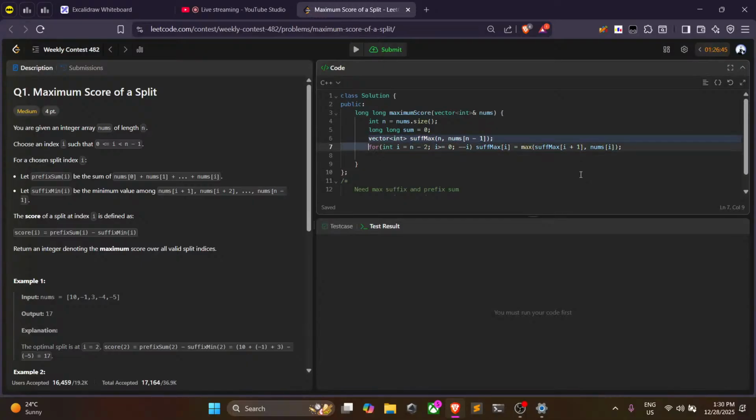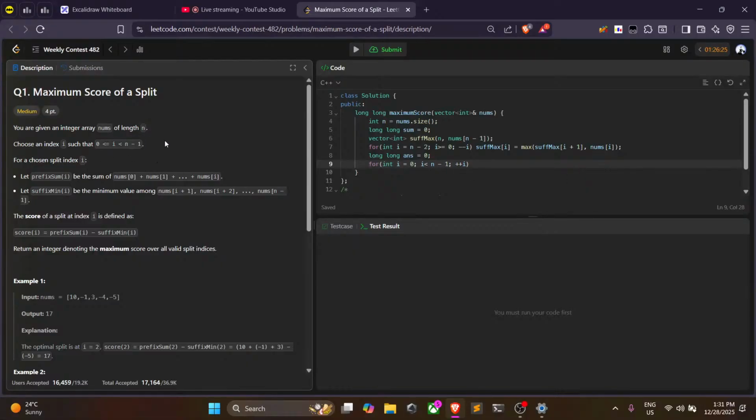Okay. So now let's just calculate our answer. We'll be moving from 0 till this point. Why n minus 1? Because we can also choose n minus 1.